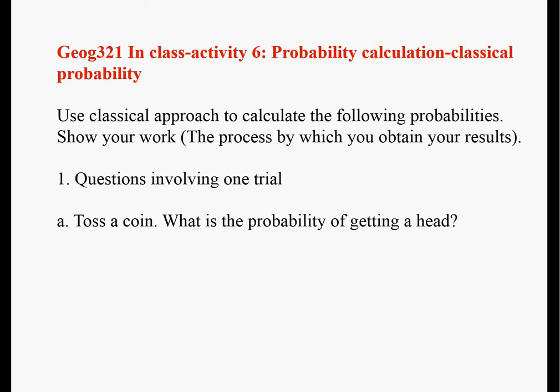Also, in case you have a 2 or 3 trial experiment, you need to show the process through which you get the result. Okay, I'll explain later on what you need to show as part of your work. First, let's look at questions that involve one trial. That is, we conduct an experiment only once.